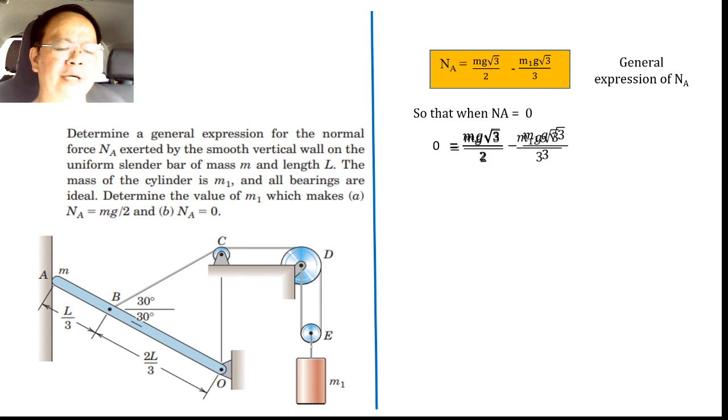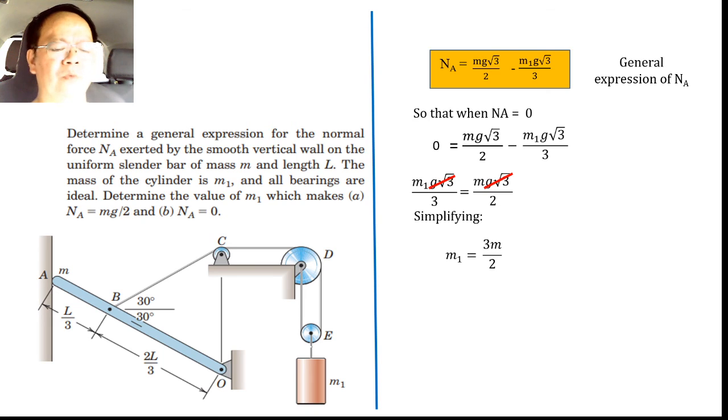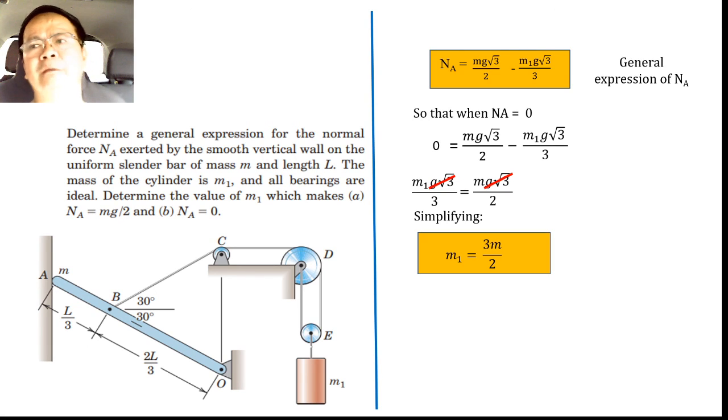When we simplify, g will cancel, as well as the square root of 3. So what happens now is m1 will be equal to 3m over 2, or simply 3 halves of m. And that becomes the value of m sub 1 expressed in terms of m, when the reaction at the wall is equal to 0.